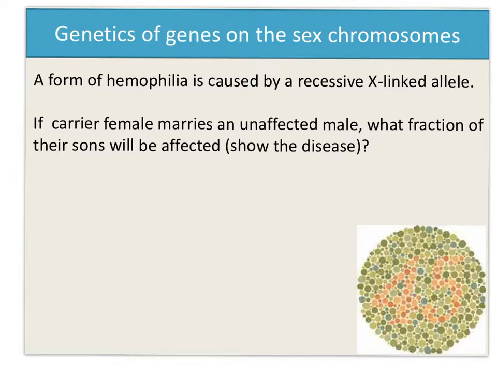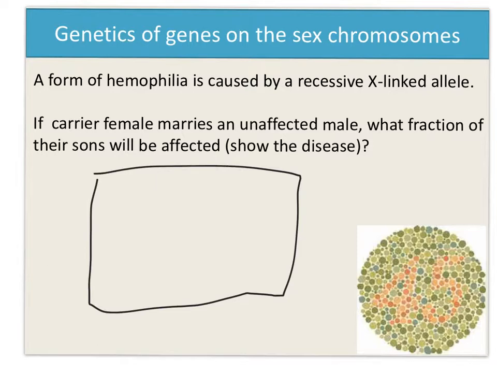So, we'll say X^N normal, and, oh, actually, X colorblind.